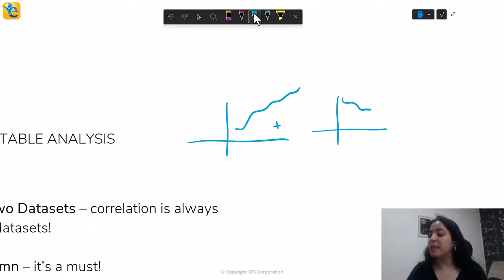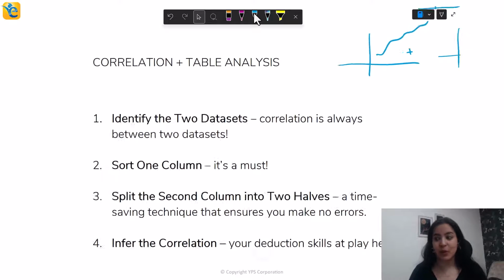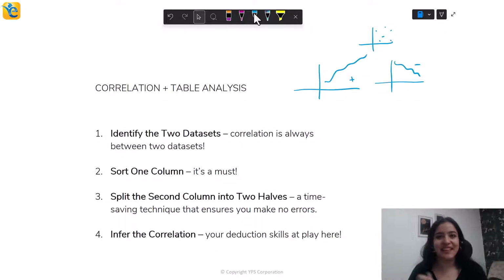While if it's coming downward, it shows negative correlation, and obviously, no correlation will be points just going everywhere. Here now, when it comes in the form of a table, when your data is not plotted like this, which makes reading so easy, we developed a method, a step by step process in the video that I'm linking up for you. Go check that out if you haven't seen it.